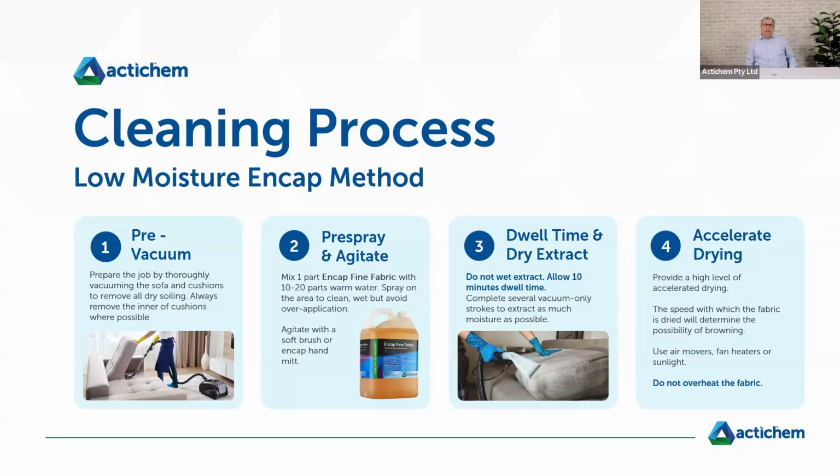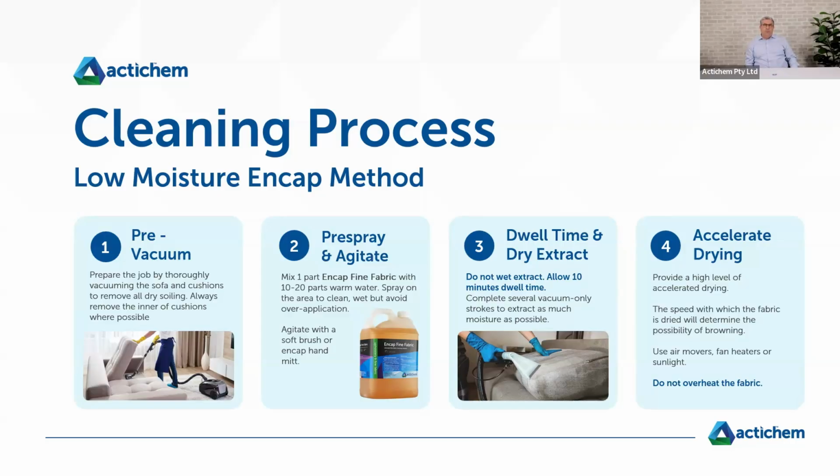Now you can extract only, which is what I'd recommend because we're trying to keep the process low moisture, so no moisture at all, but you still use your same upholstery tool and you use what I refer to as a dry extract. So just dry extract, and you can towel it afterwards to overcome that last bit of moisture, but it leaves the fabric very dry.